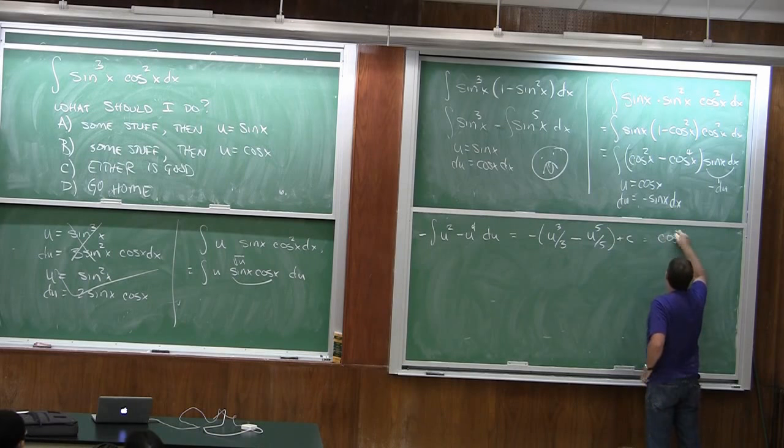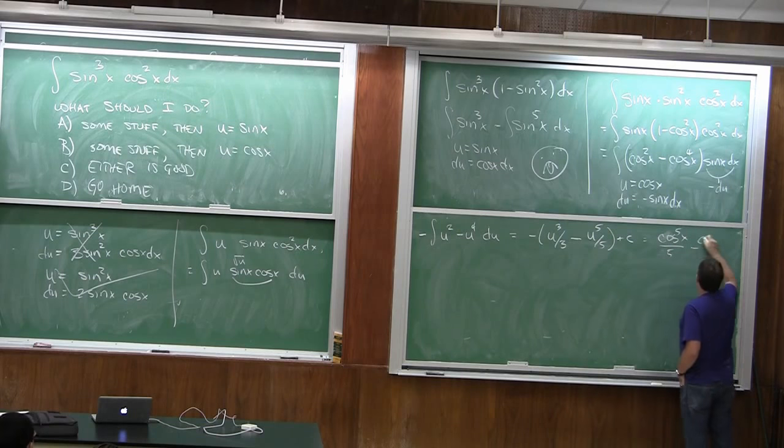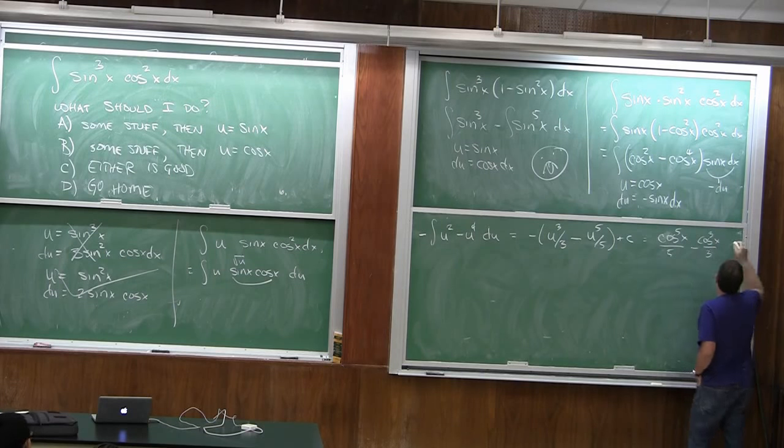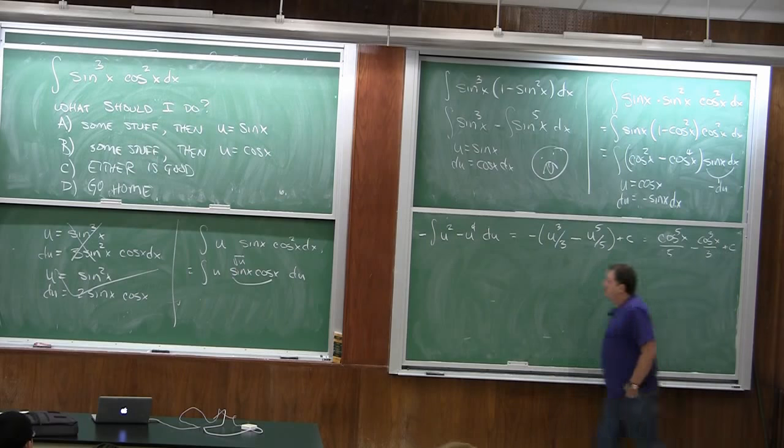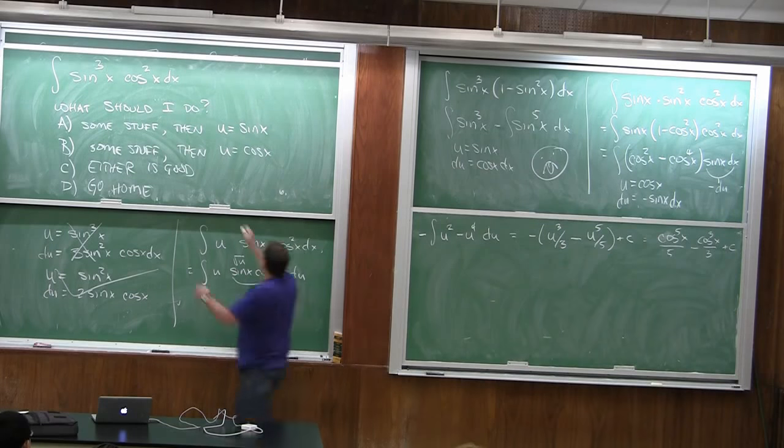Cosine to the fifth over 5 minus cosine cubed over 3 plus a constant. So that means that this choice for sure works.